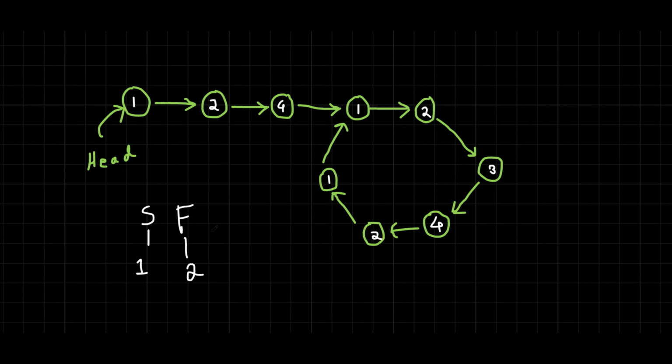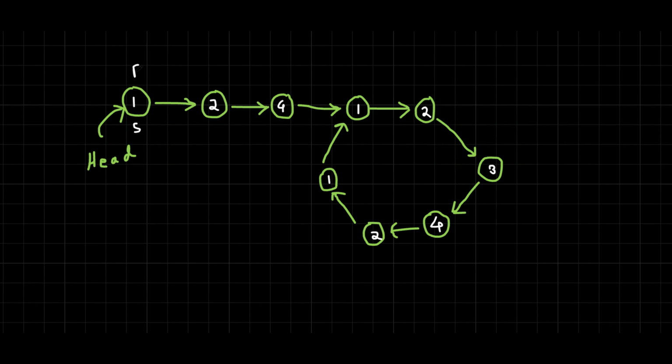The basic hypothesis is, if in any cycle we move two pointers, and if their speeds are not equal, then after some iterations, at some point in time, these two pointers will meet each other. Suppose we take one pointer slow and another pointer fast.